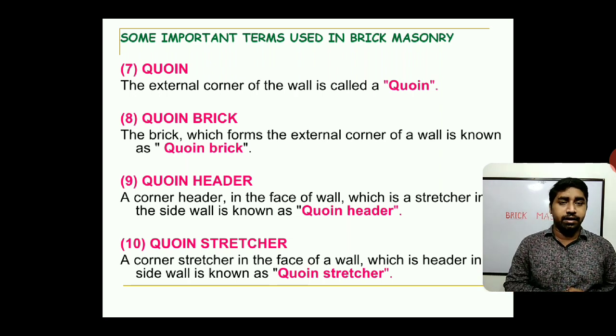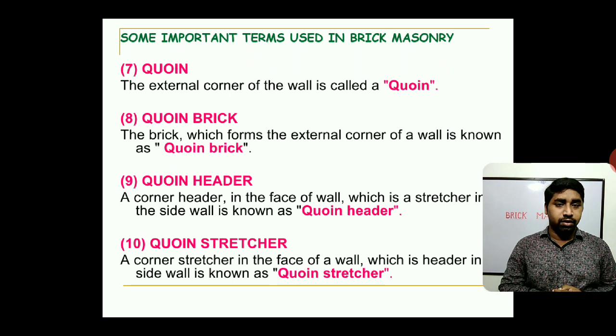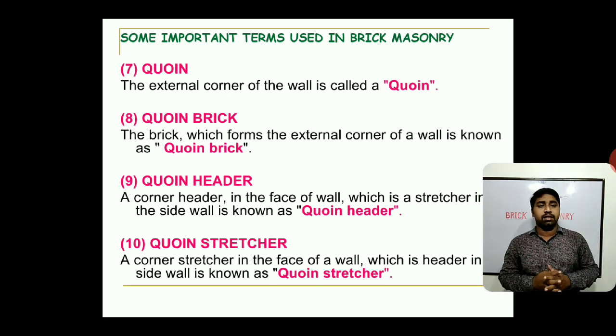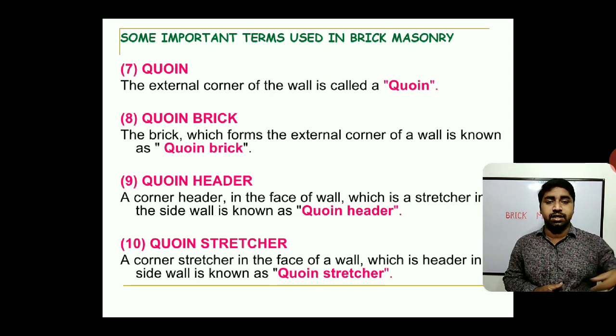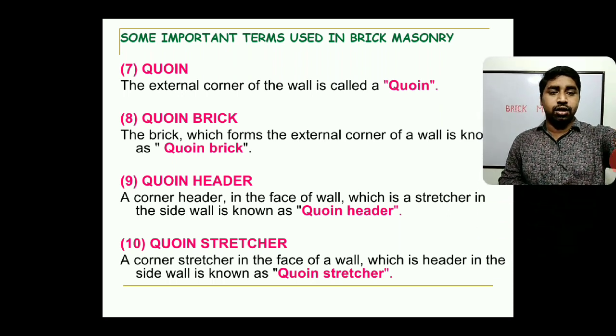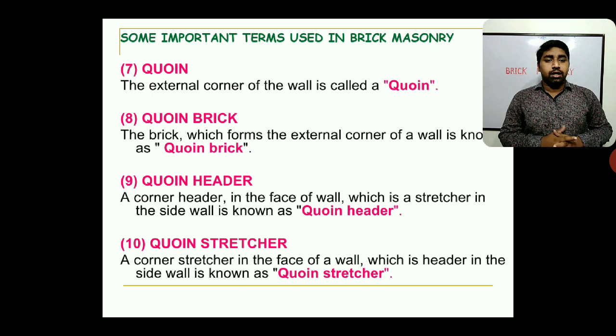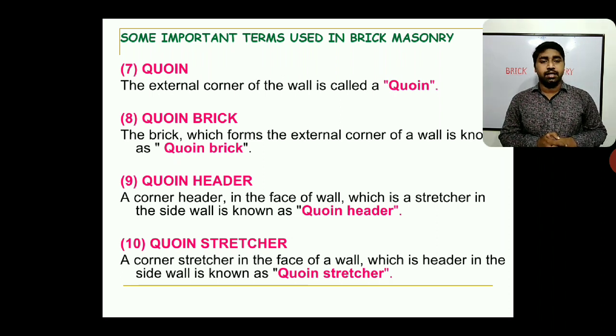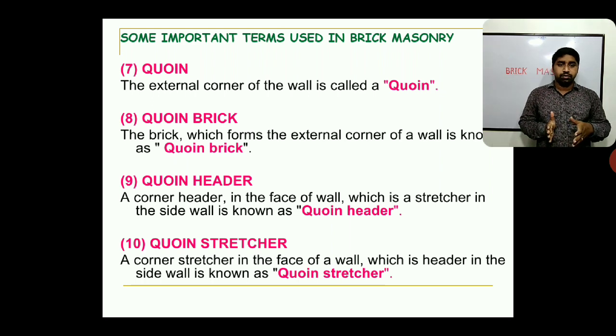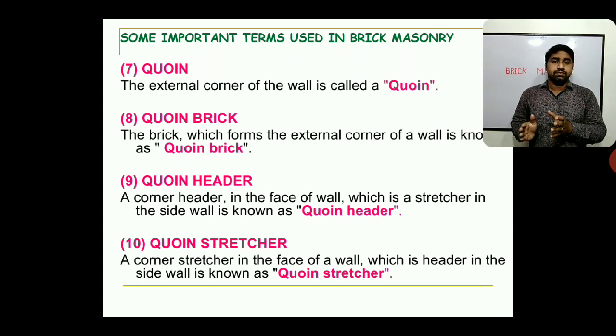Next, Kion header, a corner header in the face of the wall, which is a stretcher in the side wall. We have discussed two courses, header course and stretcher course.